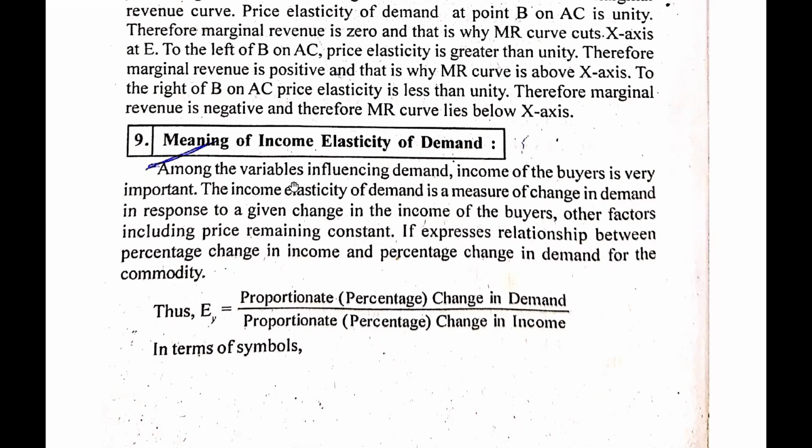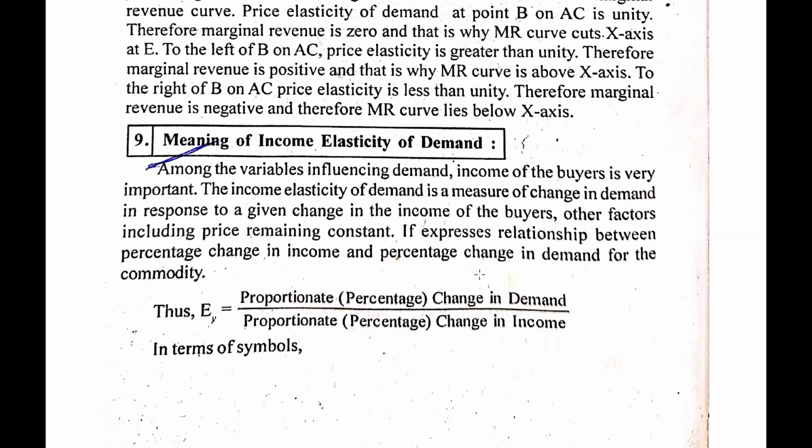Among the variables influencing demand, the income of the buyers is very important. The income elasticity of demand is a measure of change in demand in response to a given change in income of the buyers, other factors including price remaining constant. It expresses a relationship between percentage change in income and percentage change in demand for the commodity. So guys, if my income is increased by 10%, you need to understand how much my demand will increase.